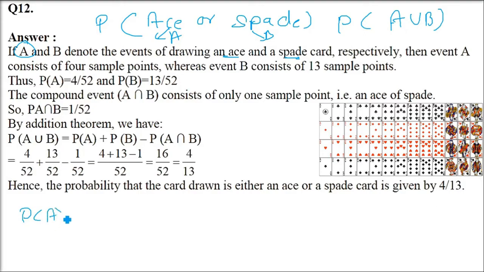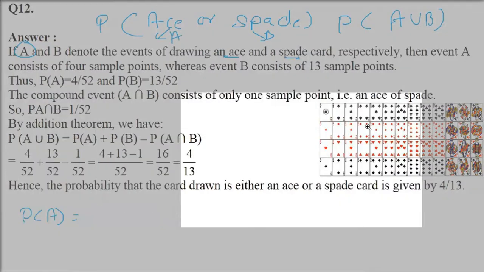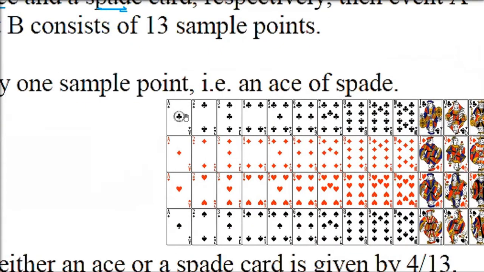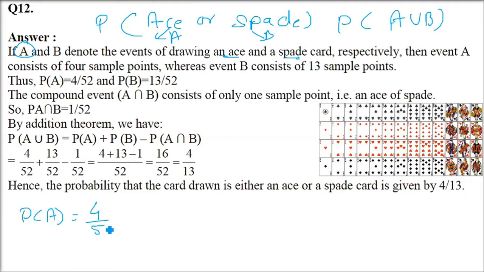So let us take the probability of A. A is an ace. There are 52 cards and 4 aces. Forget about suits: there are 4 aces in 52 cards. So 4 by 52. Probability of getting a spade: there are 4 suits, club, spade, heart, diamond. These are 4. In spade there are 13 cards. So 13 is the favorable cases and 52 is the total number of cases.